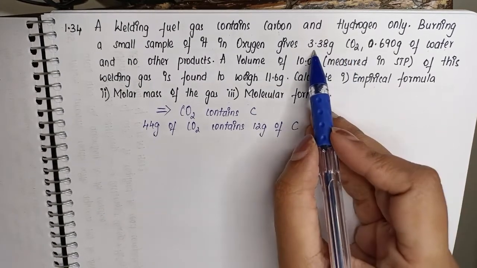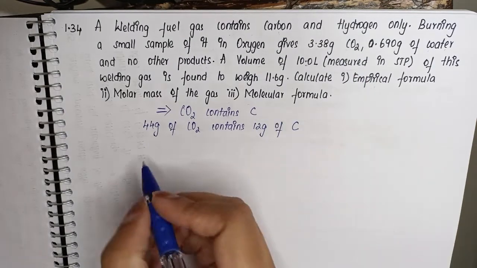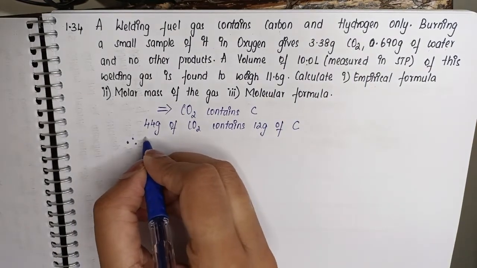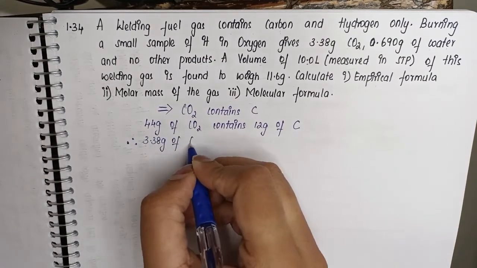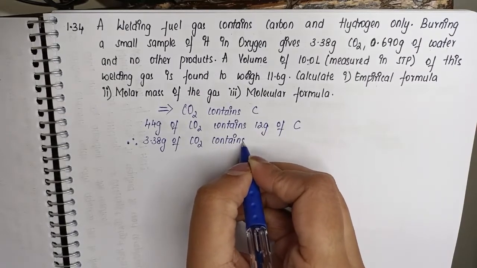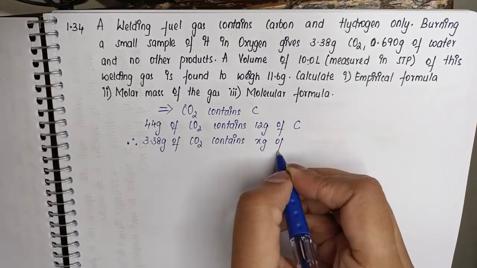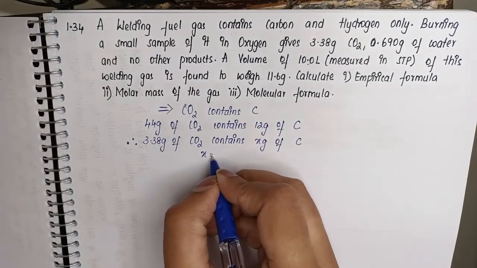Therefore, these many grams of carbon dioxide contain how many grams of carbon? So you can write, therefore, 3.38 grams of carbon dioxide contains X grams of carbon.